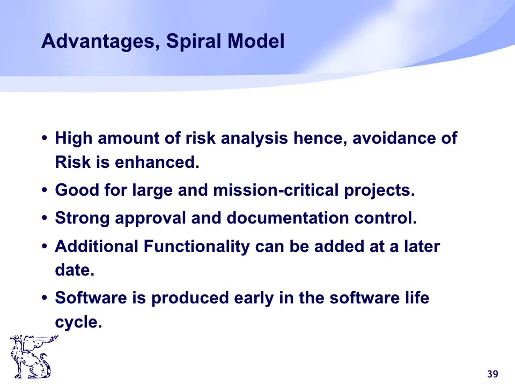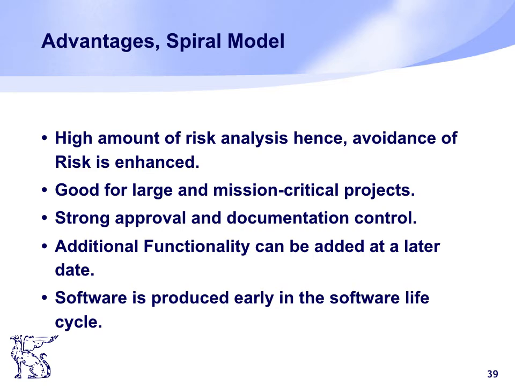Now let's talk about the advantages of this spiral model. Here we can divide the development of our project into smaller parts, and we can develop the risky parts earlier in our software development lifecycle. This will help us in better risk management. So this is one advantage.